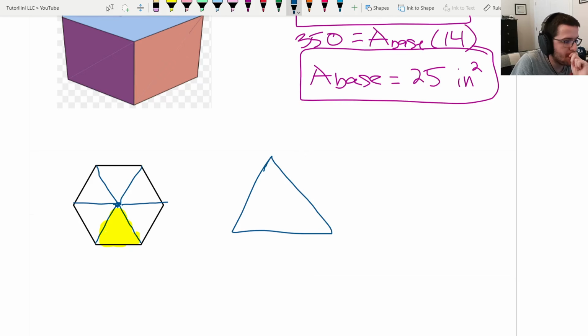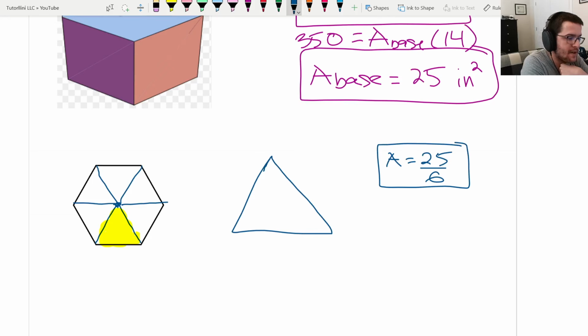We know that this thing has to have an area of 25, and then there's 6 of them, right? So we're dividing it evenly. So it should be 25 divided by 6.